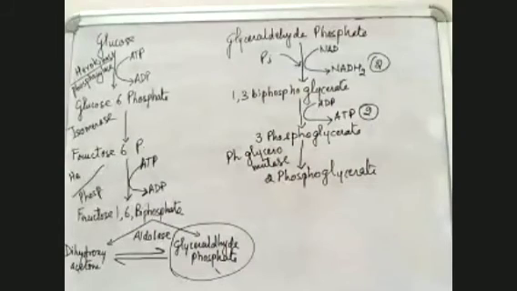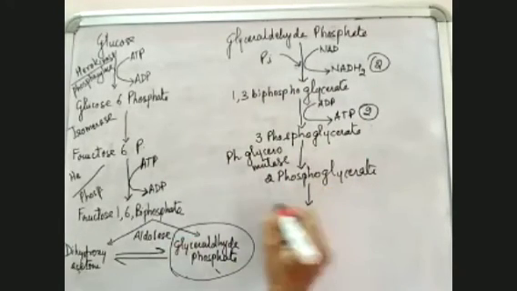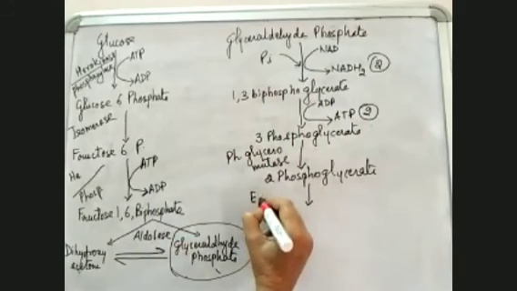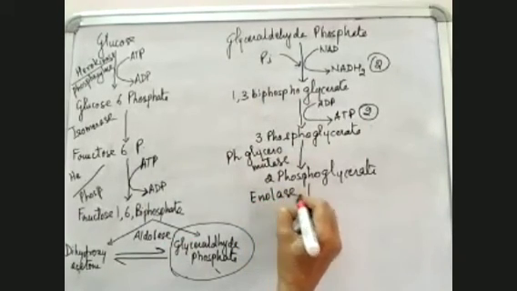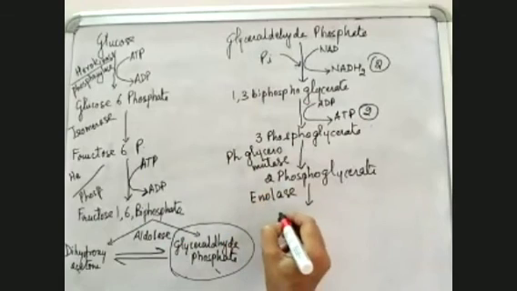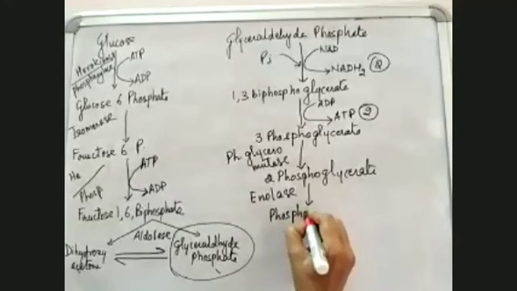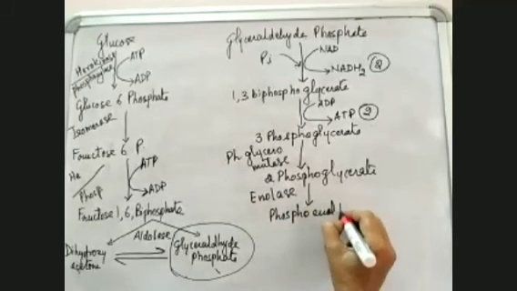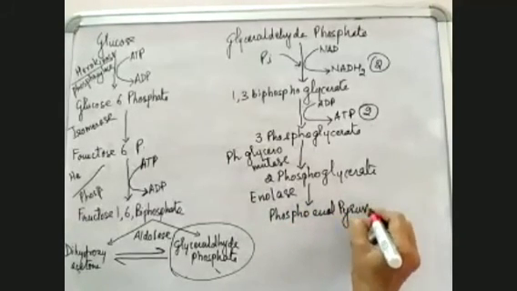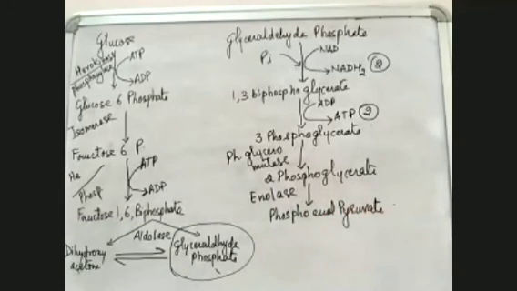Now the next step is again under the action of another enzyme, enolase. What is formed is phosphoenol pyruvate. And the next step, the last step, is synthesis of ATP.